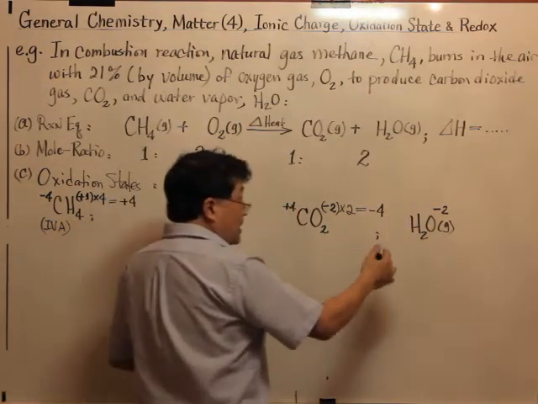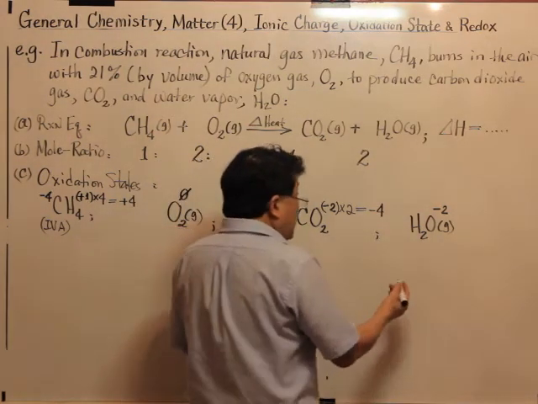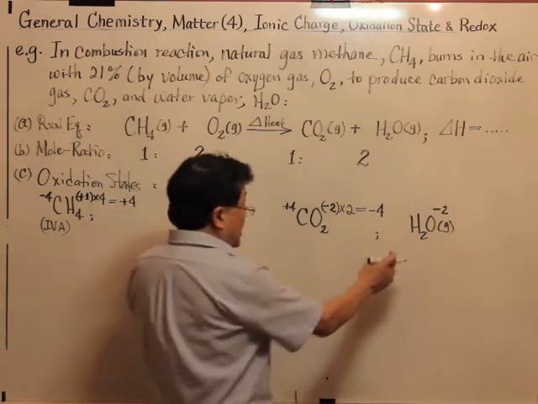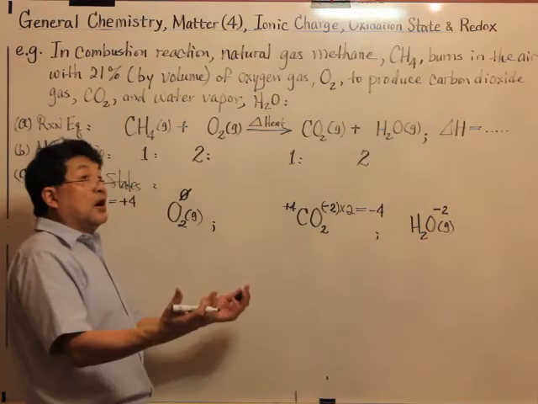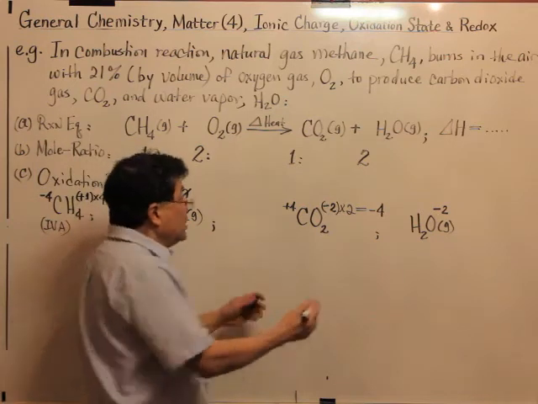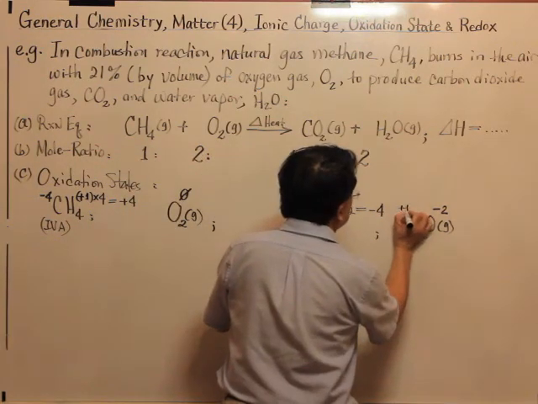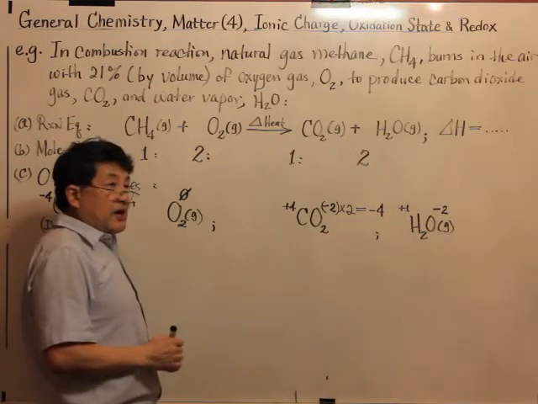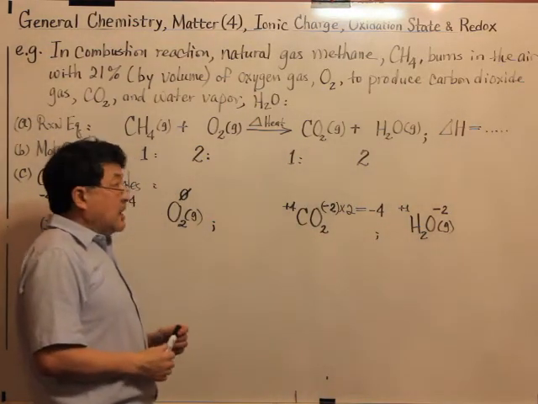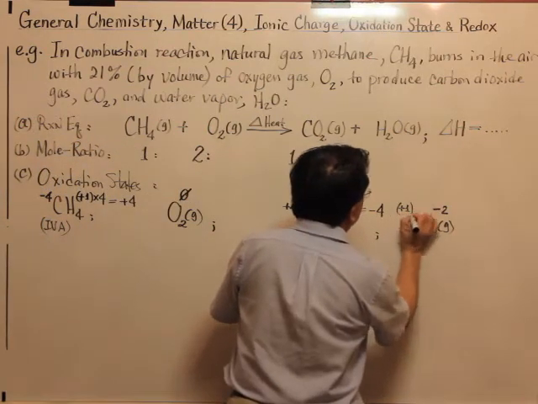Then this water compound is neutral. The neutrality must be achieved by the remaining 2 hydrogen atoms contributing a total of what? +2. So it just happens that each hydrogen is in the family called the alkali metals, and it's +1 only oxidation state.